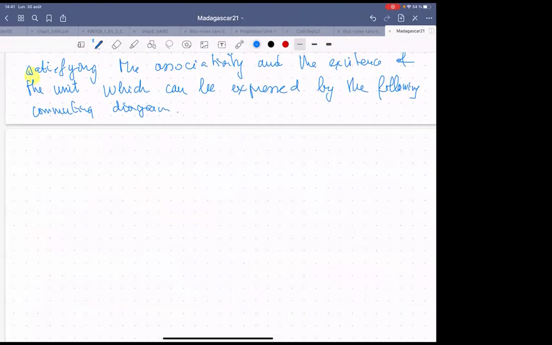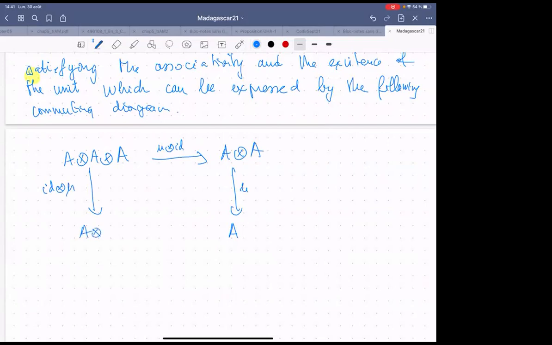I start with A tensor A, then from here you go using mu tensor the identity to get to A tensor A, and again here with mu, I get to A. And from this side, you apply identity tensor mu, I get again to A tensor A, and then again here I use mu. And this diagram should commute. And this expresses the associativity. Okay.